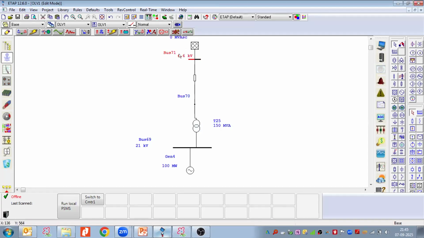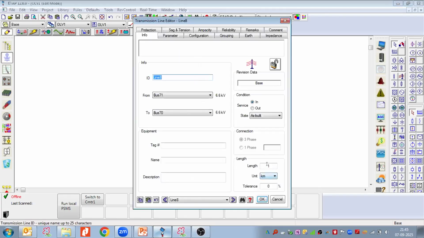So I'm taking a transmission line, and my generator is feeding this grid. The length is 100 kilometers, because at 400 kV that would be a medium or long transmission line. So let us go with a 100 kilometer transmission line.